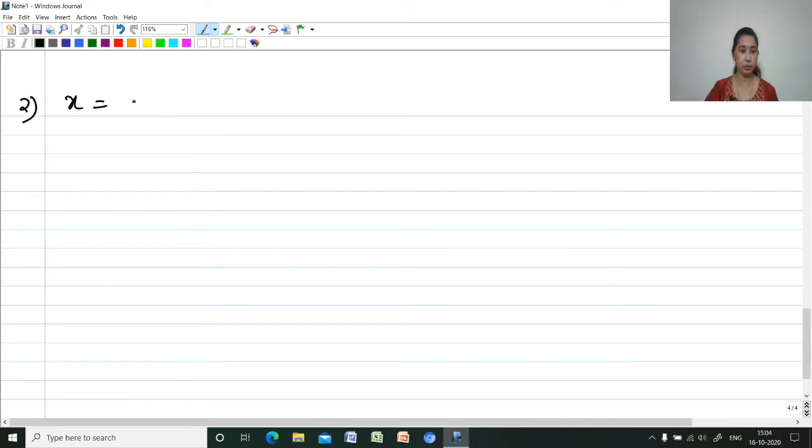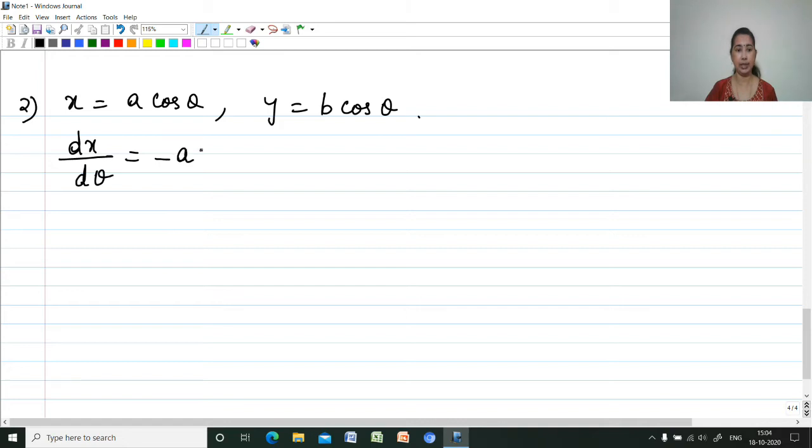x equals a cos theta and y equals b cos theta. So it is given in parameter theta, so differentiate with respect to theta. So dx by d theta is equal to minus a sin theta and dy by d theta is equal to minus b sin theta.